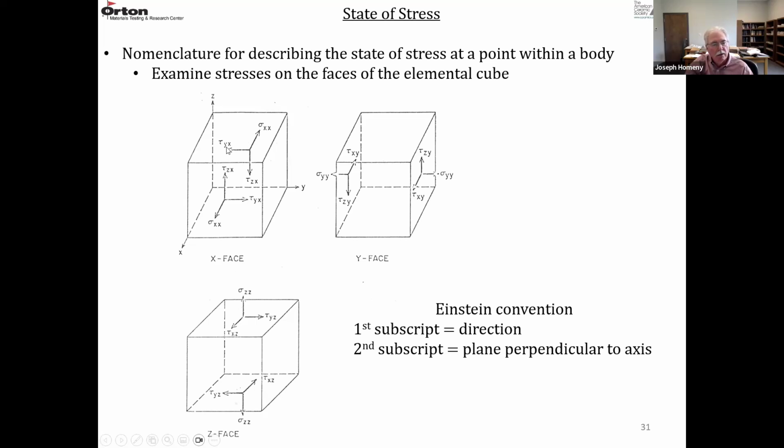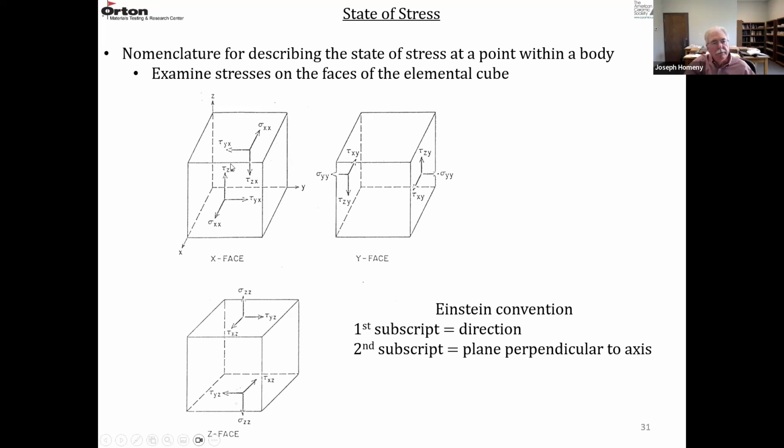So we'll look at the X face, which is perpendicular to the X axis, the Y face, which is perpendicular to the Y axis, and then the Z face, which is perpendicular to the Z axis. So when you describe a stress, you usually use the Einstein convention. The first subscript is the direction in which the stress is acting, and the second subscript is the plane perpendicular to the axis.